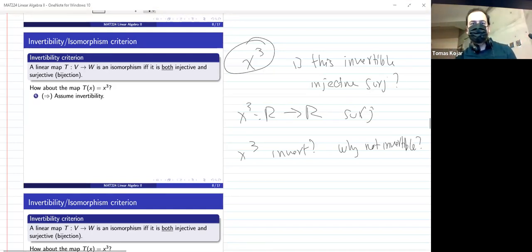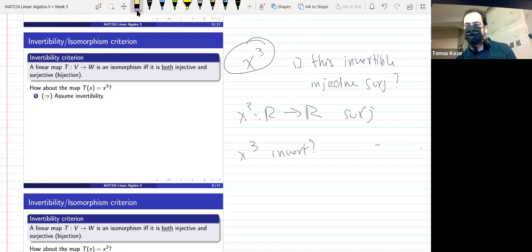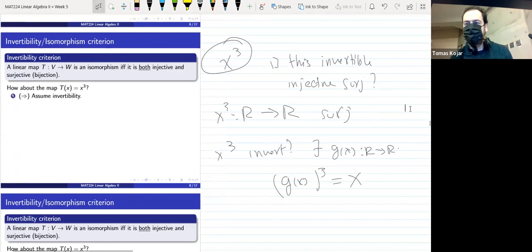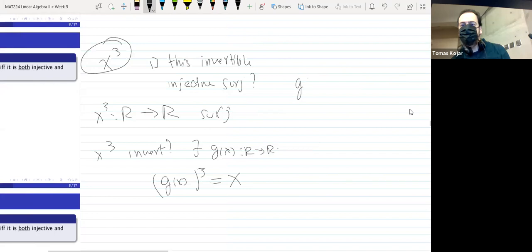Let me write this more clearly. Invertible means that there exists some g of x so that g of x cubed, from R to R, mind you, is x. What could be a choice of such g? If you let g of x be x to the 1/3, well then what is minus 1 to the 1/3?